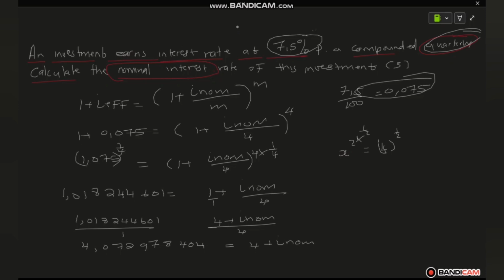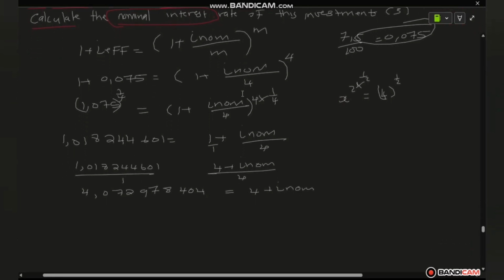Then you transpose the 4 to the left to be subtracted by that decimal. You transpose this 4 to the left. Then we're going to have 0.729784039 equal to I nominal.